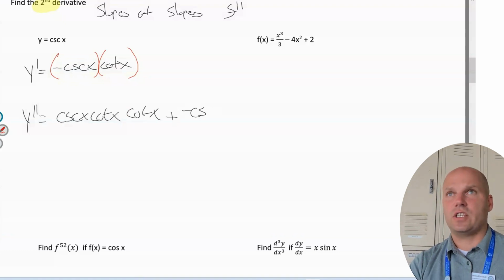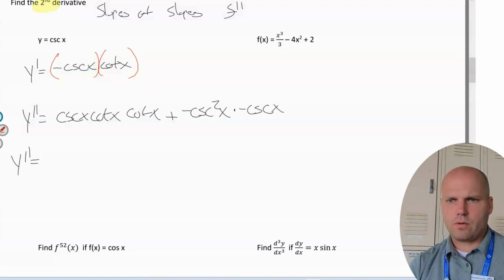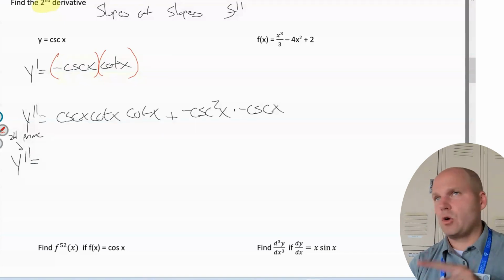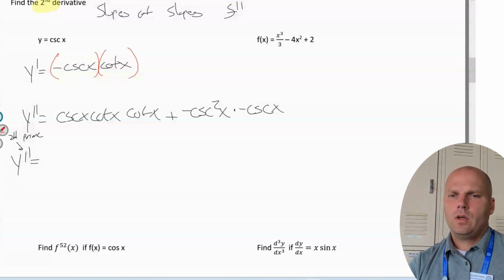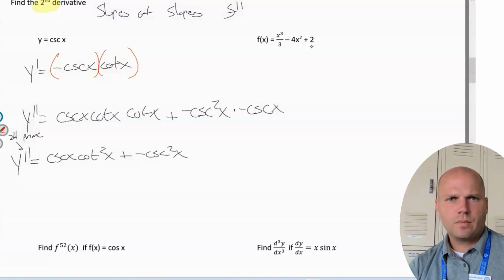I know tangent is secant squared, cotangent negative cosecant squared. And you can simplify that if you want to. Y, we call this double prime. This is y's slopes of their slopes. It is cosecant x cotangent squared x. It is negative cosecant squared x.